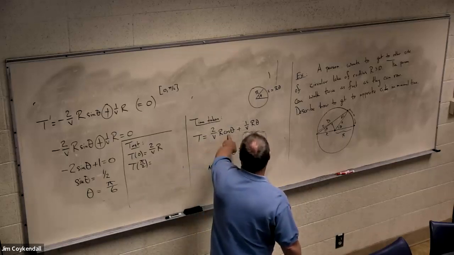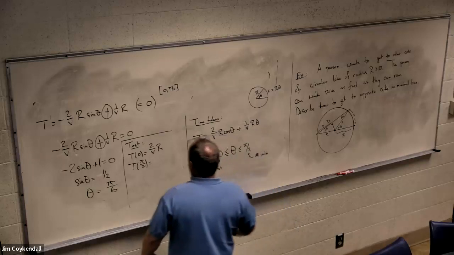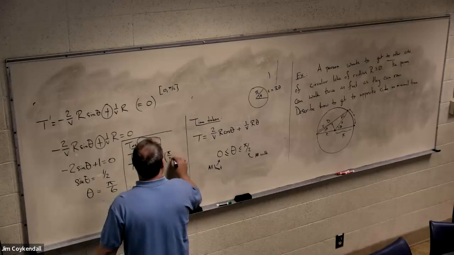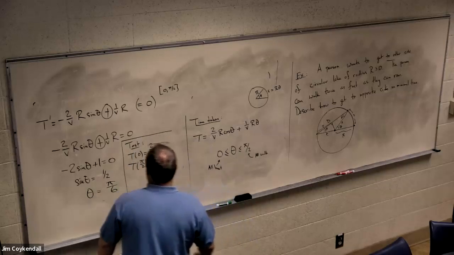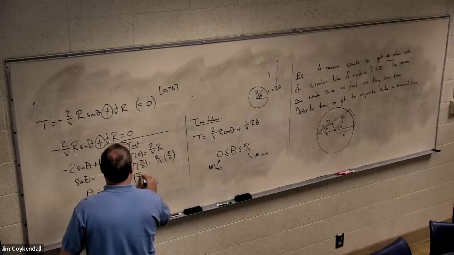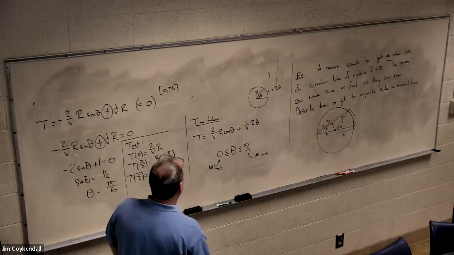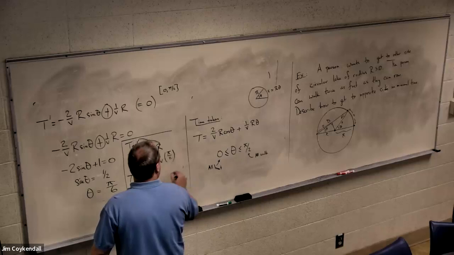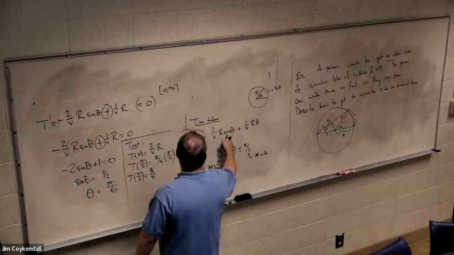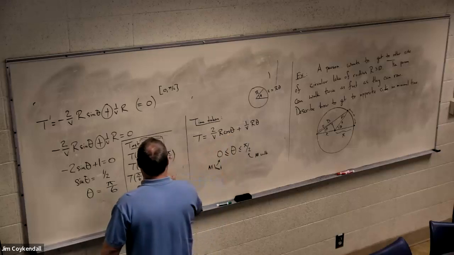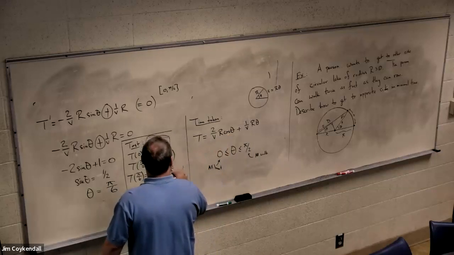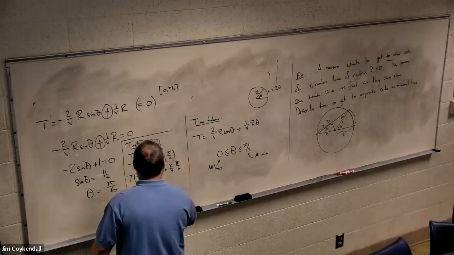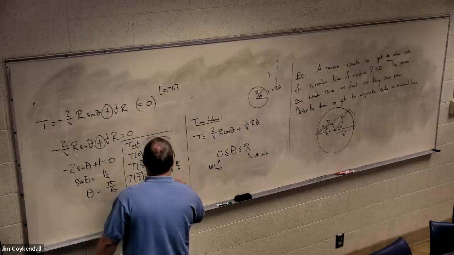Now the cosine of pi over 2 is 0, and I get r/v times pi over 2. T of pi over 6. Well, this is r/v times 2 times cosine of pi over 6, radical 3, plus r/v times pi over 6. So I'm going to clean this one up a little bit. It's r/v times radical 3 plus pi over 6.